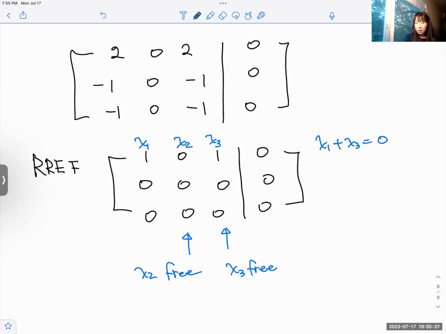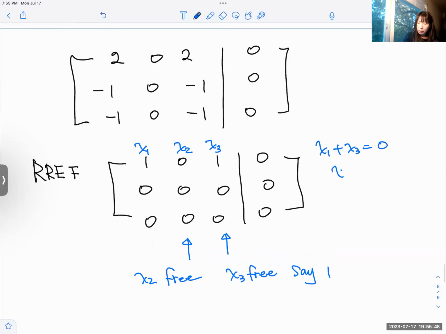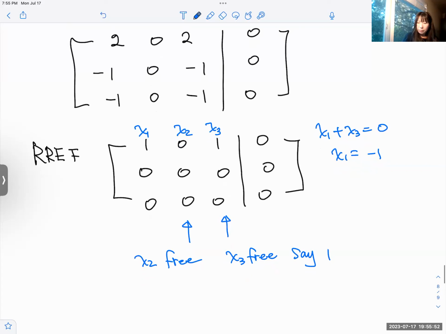We can say anything for x of 3, say 1. Then we get x of 1 equal to negative 1. And we have x of 2 equal to what? What do you want to say for x of 2?